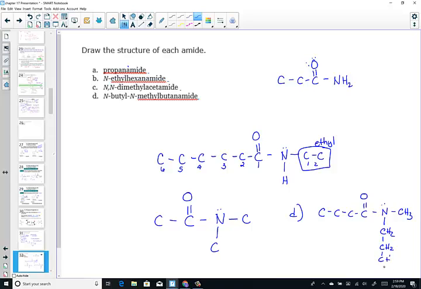One, two, three, 4. There is N-butyl, N-methyl, butane amide. I got it. 4 carbons in the parent chain, butane amide, and then there's the methyl, and there's the butyl. Got it. We did it.